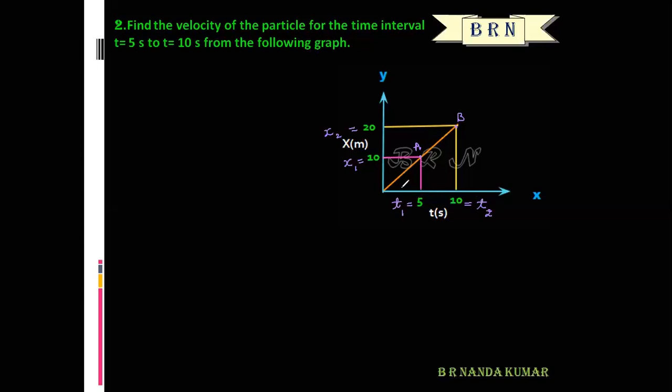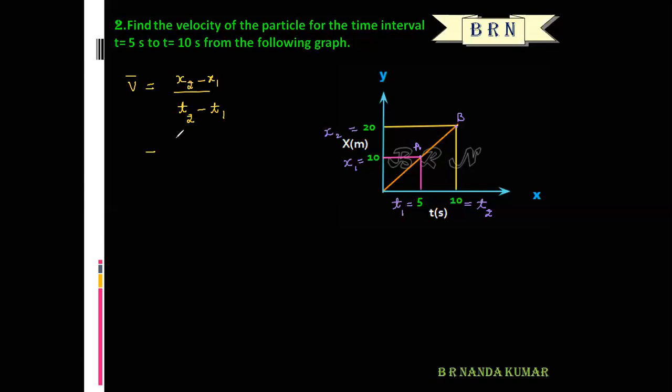Okay. So here we have to calculate the average velocity. What is the mathematical expression for average velocity? That is the ratio of change in displacement, x2 minus x1, divided by the change in time, t2 minus t1.